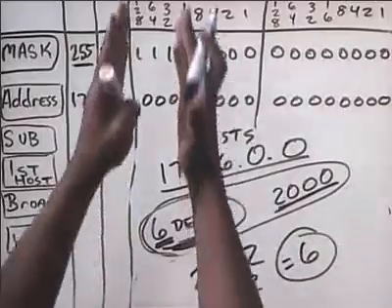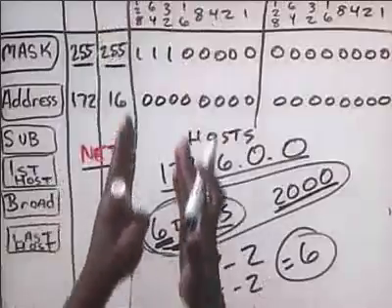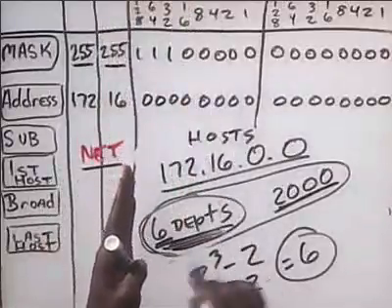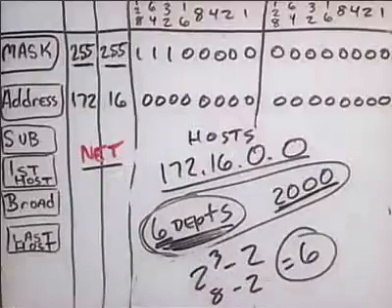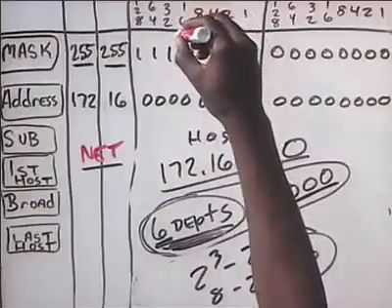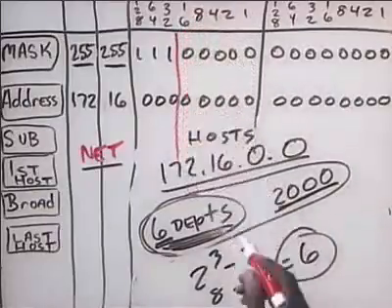So that would be an adequate mask up to this point from the standpoint of covering the number of departments that we need. So let's see if that leaves over enough of the bits for hosts in order to accommodate our needs there.